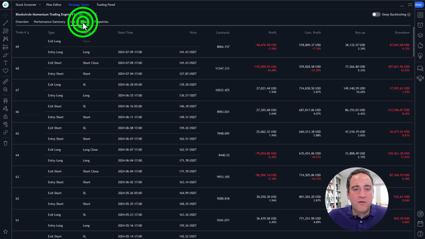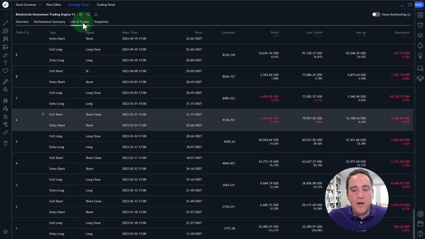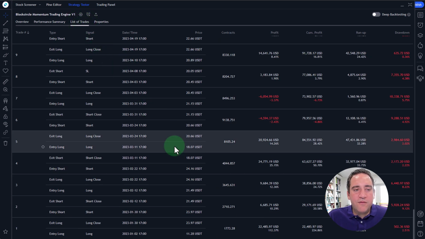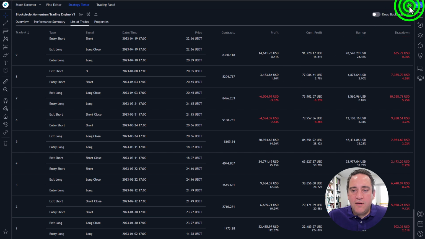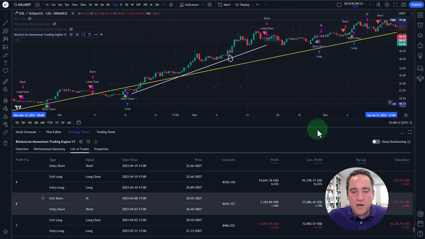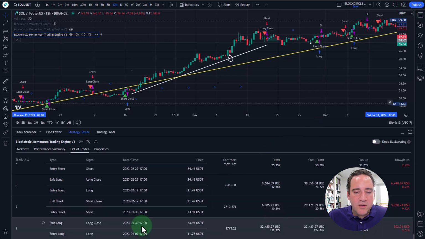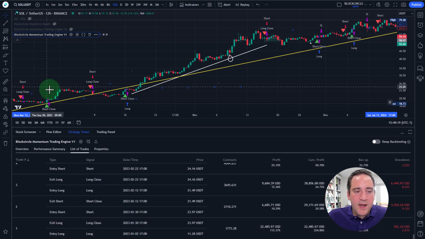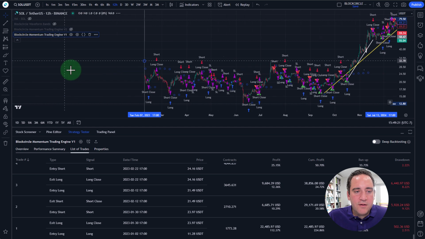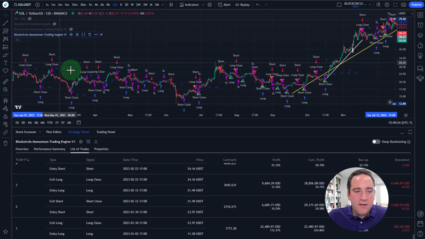And then the list of trades basically gives you an idea of every single trade, and you can see how it matches with the chart. So for example, if I want to look at trade 1 that was open on January 2nd, I can go back all the way to January 2nd and see this trade.